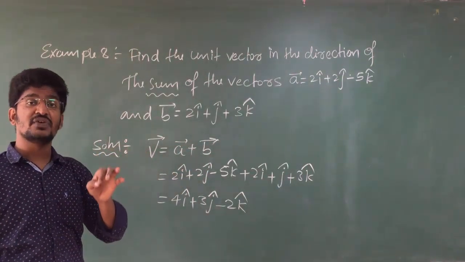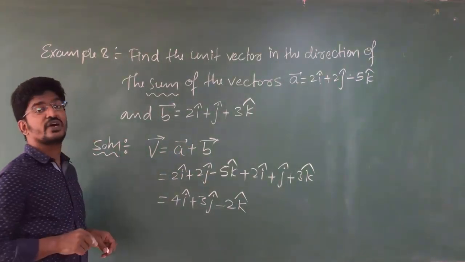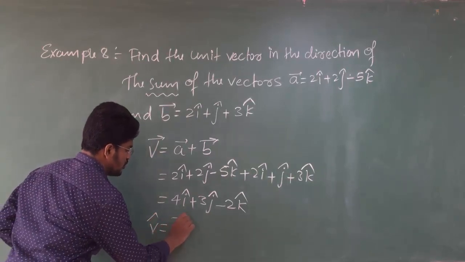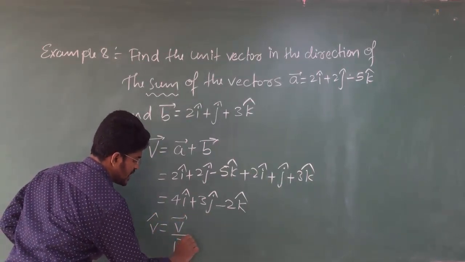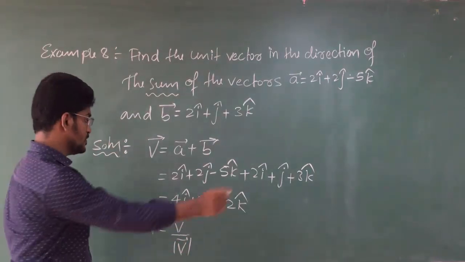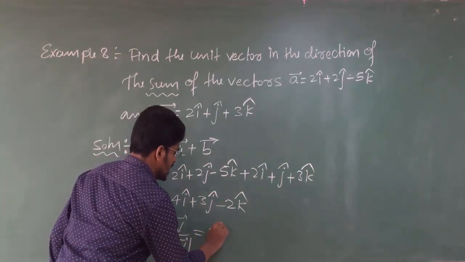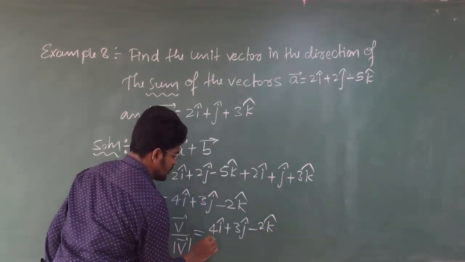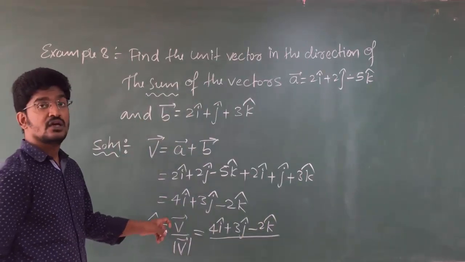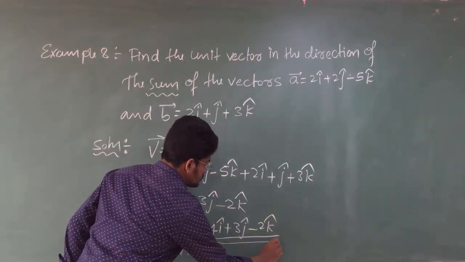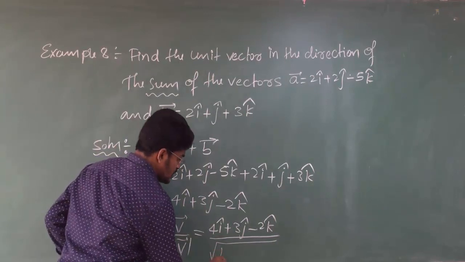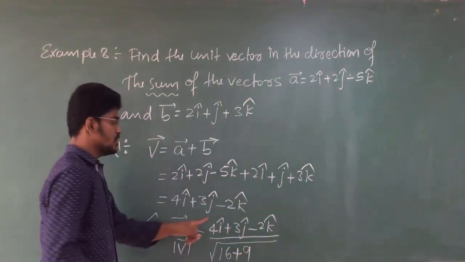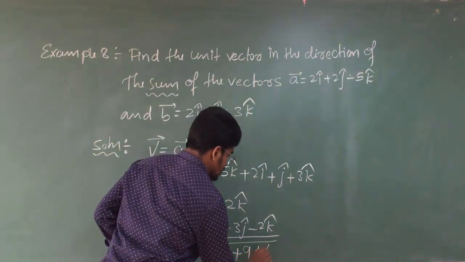They need the unit vector in the direction of vector V. So therefore, V cap will be equal to vector V divided by magnitude of vector V. So that is 4i cap plus 3j cap minus 2k cap divided by square root of 4 square 16, 3 square 9, minus 2 square 4.